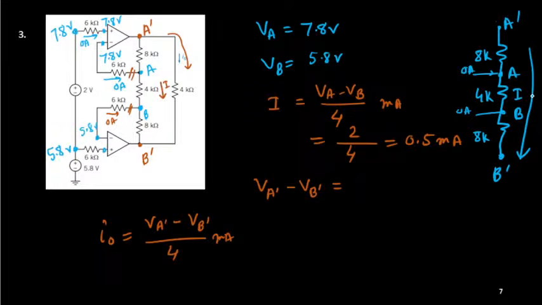We will also be getting 10 volt, because the gap between VA prime and VB prime will be I into R. The current is I, what is the resistance R? I is your 0.5 and R is your total resistance, 8 plus 4 plus 8.